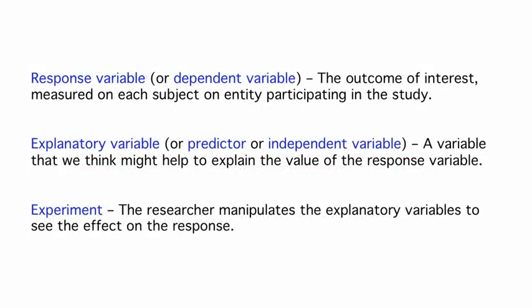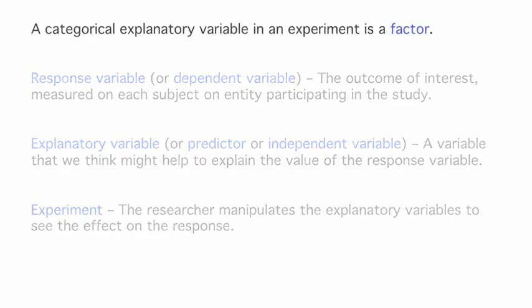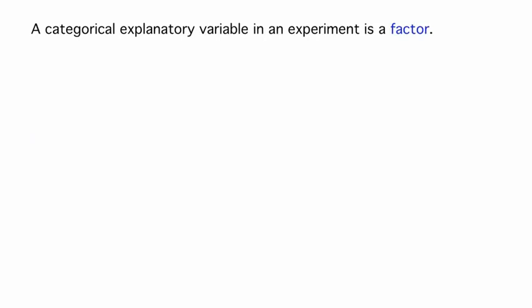In an experiment, the investigator observes how a response variable behaves when he or she manipulates one or more explanatory variables. Since there are only a finite number of values of the explanatory variable that the researcher can possibly study, explanatory variables in experiments are typically categorical and are called factors in this setting.